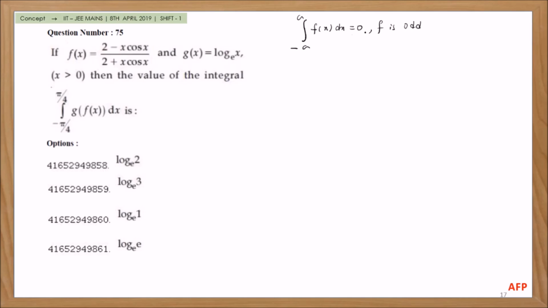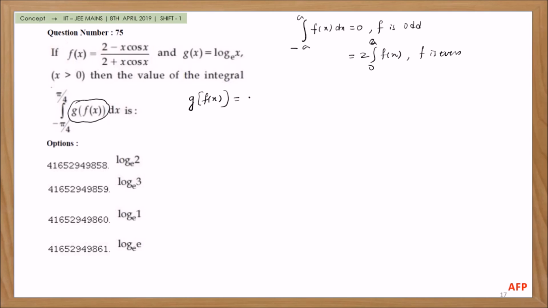If f is an even function, it is 2 times the integral from 0 to a of f of x dx. So first you have to check whether the given function is odd or even.